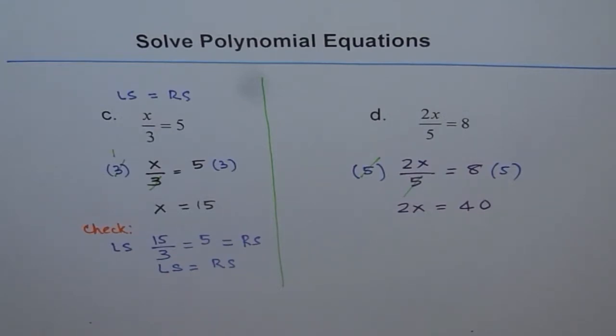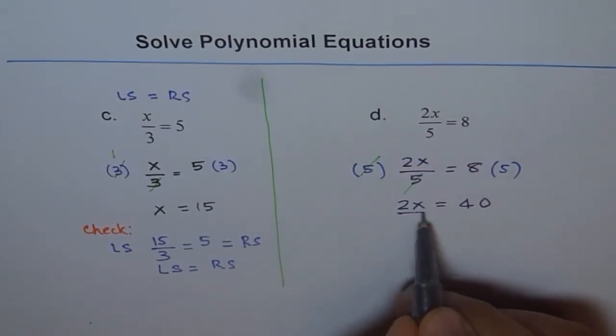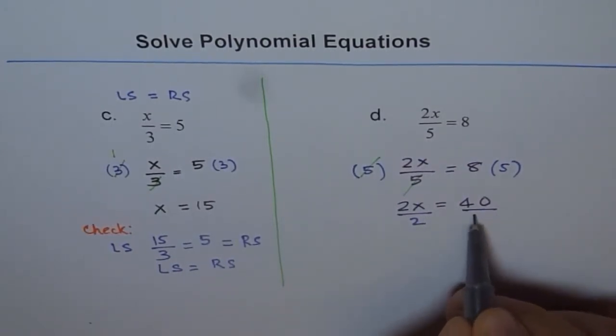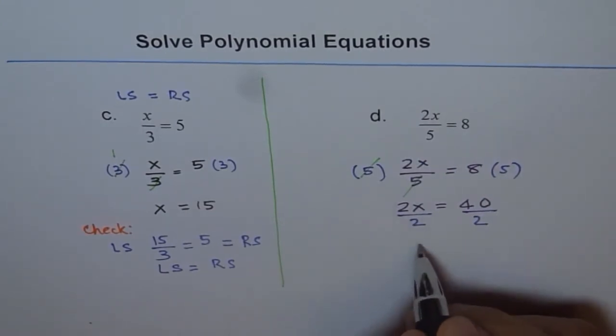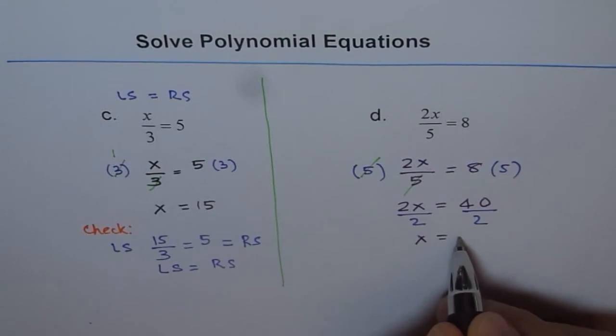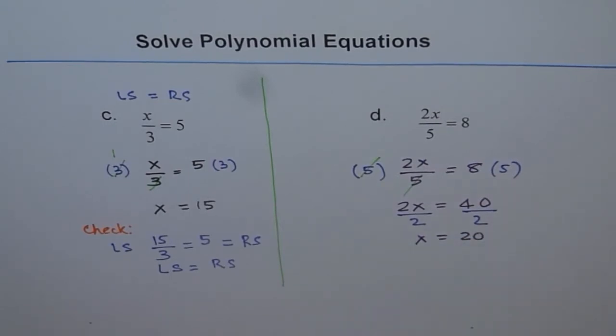They are equivalent equations. Now, to isolate x from 2x equals 40, what should be done? We should divide both sides by 2. So what do I get? x equals 40 divided by 2, which is 20. That's it. We got the value of x, which is 20.